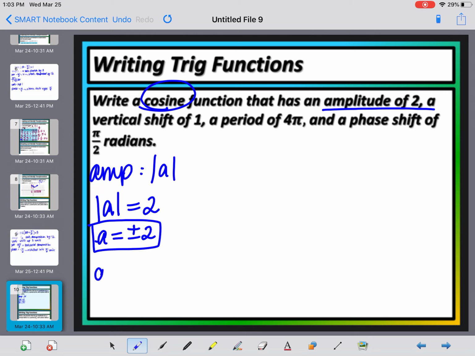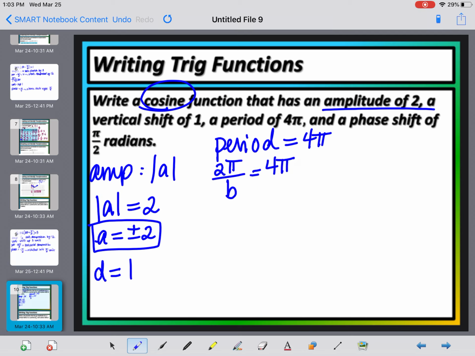My vertical shift, well, I know that that is the D value. So if it's a vertical shift of 1, D equals 1. Those are the easy parts. Okay, the period. So if the period equals 4 pi, we have to use the formula, which is 2 pi over B. And we're going to set that equal.